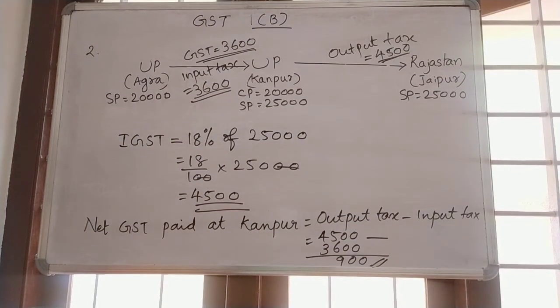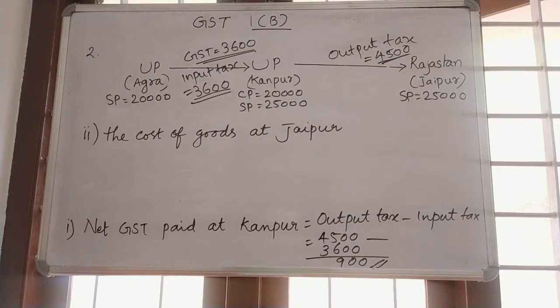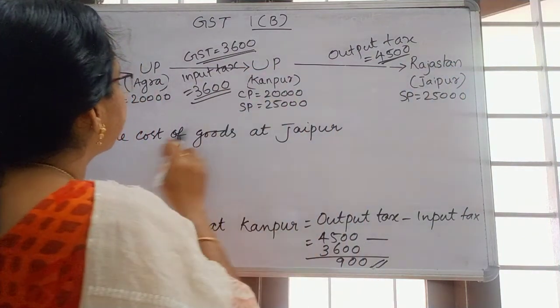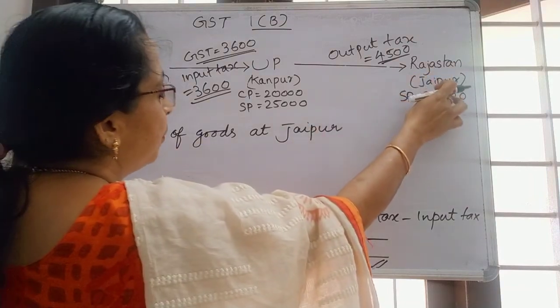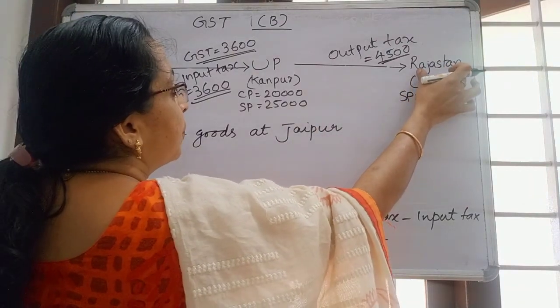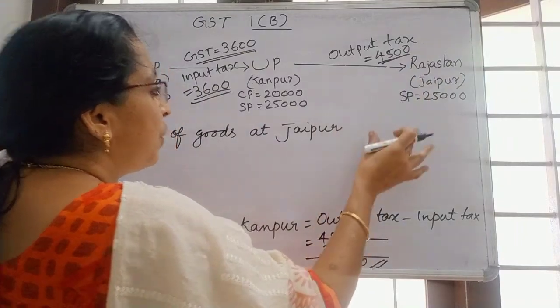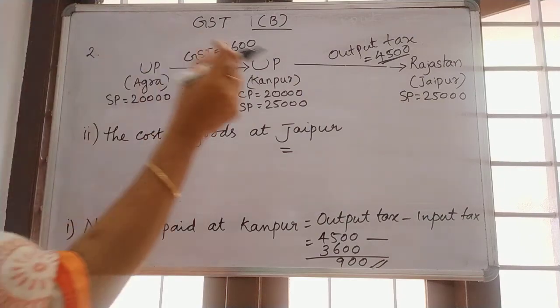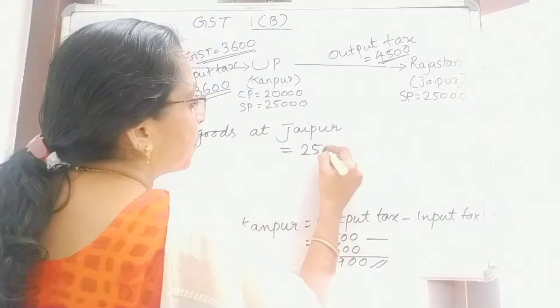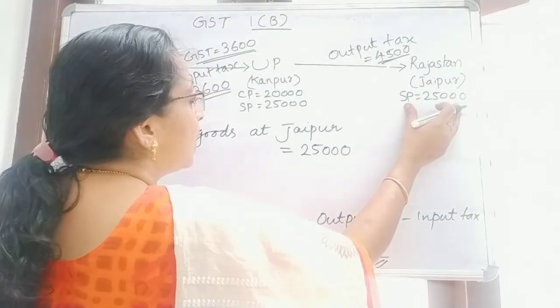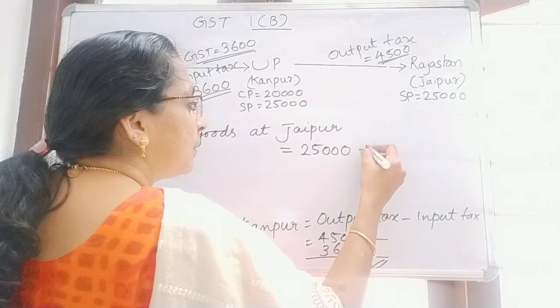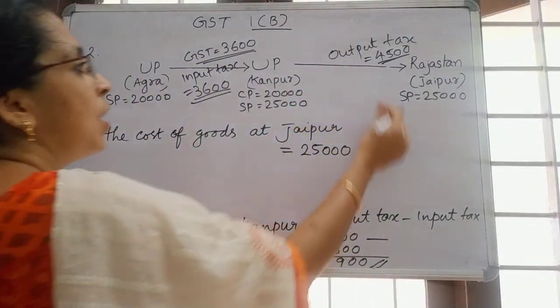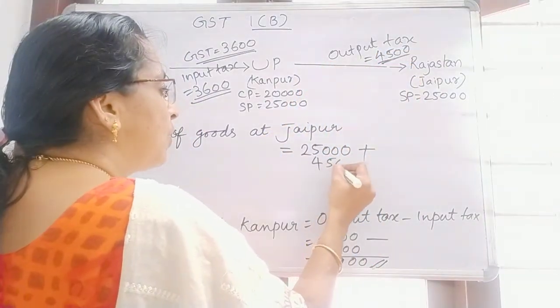Then the second part: the cost of goods at Jaipur, here in Rajasthan. Jaipur is the end user. End user means we have to add the GST also. We have the selling price of 25,000, and since it is the end user, we have to add the GST of 4,500.